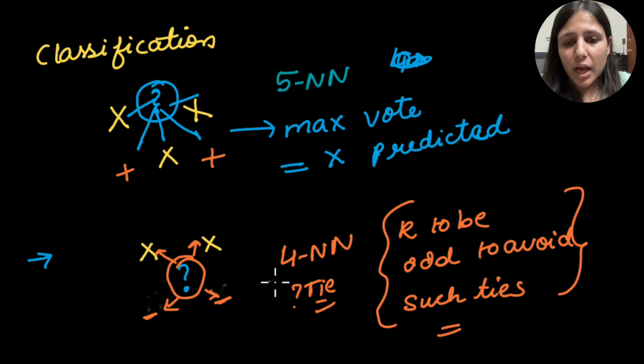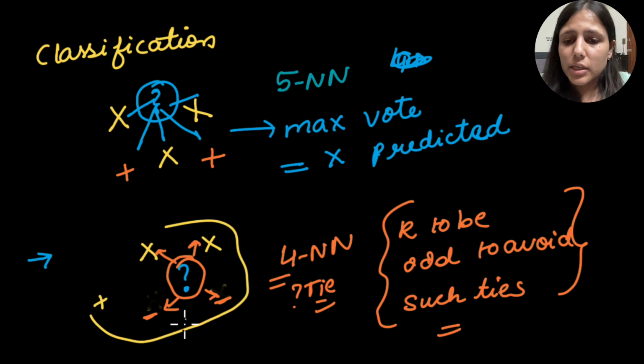Okay, so K is mostly taken to be odd so that we can avoid such ties. But even if somebody asks you 4NN, they will specify how to break the tie. For example, they can say that if there is a tie, you can randomly select 3 of them and vote. Or you can take one more data point. So maybe then you can consider 5 neighbors and then you can do the max vote.